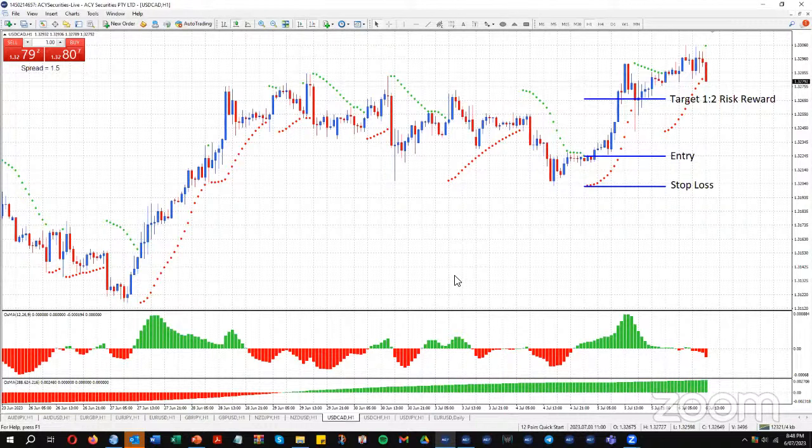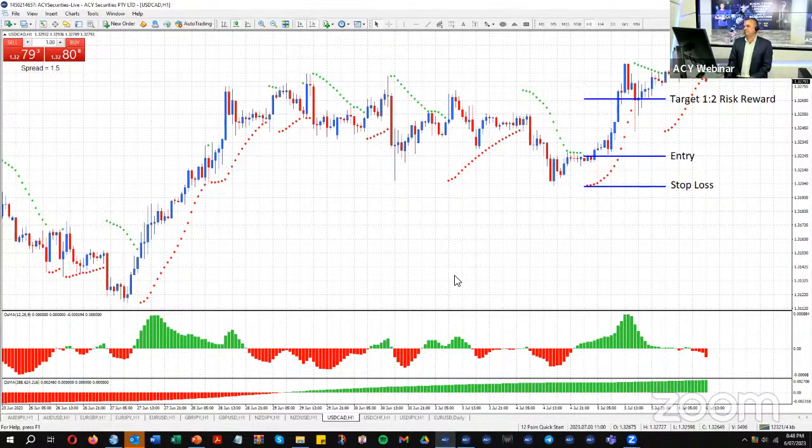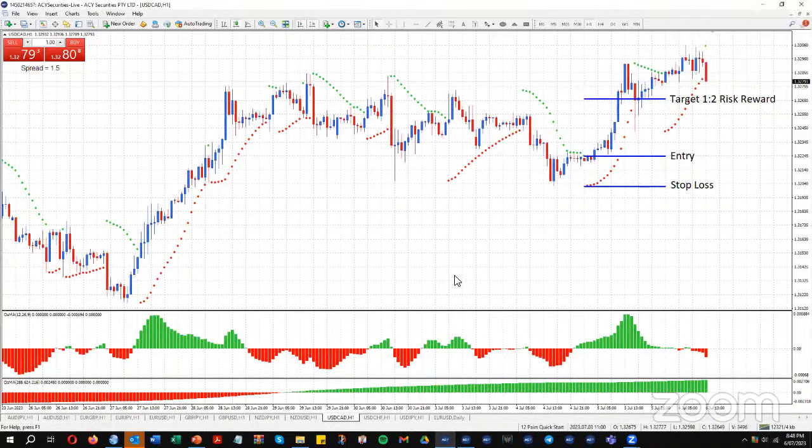So trying to maximize your targets, at least targeting 1 to 2, is a good starting point as a new trader. If you're just targeting 1 to 1 all the time, so risking $100 to target $100 profit, and your win to loss ratio is 50-50, I'm going to make $100, and then I'm going to lose $100.